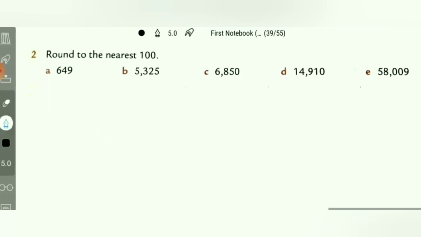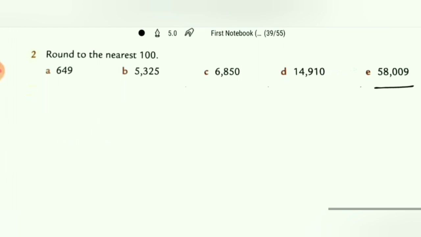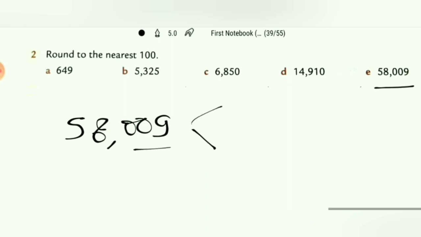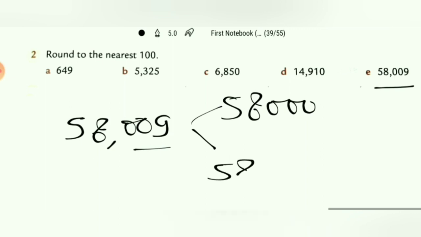Next, one more question we will do. This one, 58009. Here 58000 and 58,100. In this one we have to convert these two places, ones and tens.